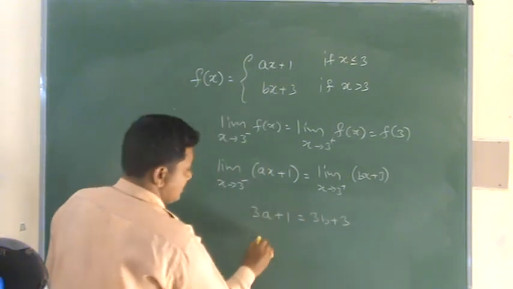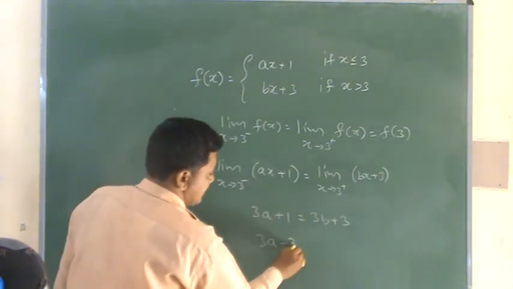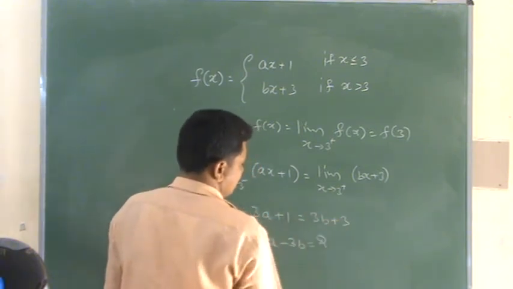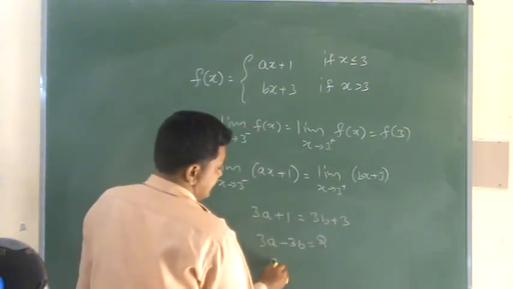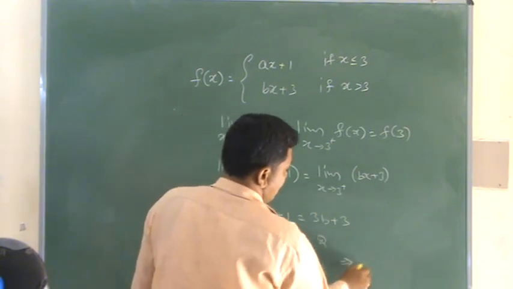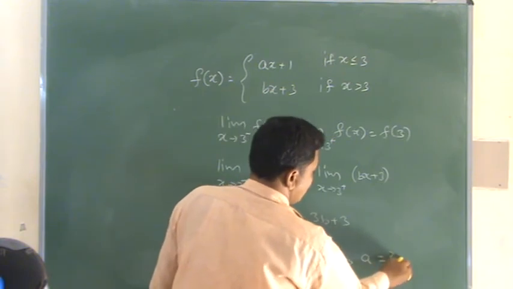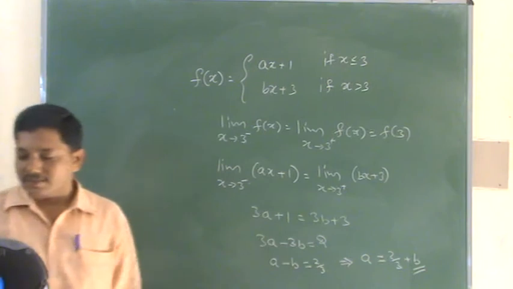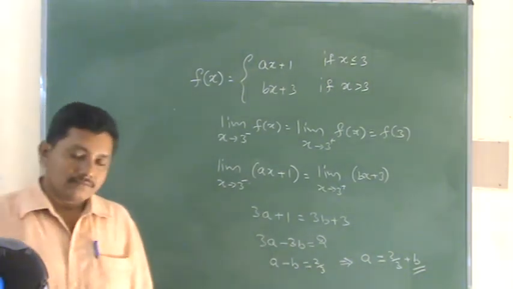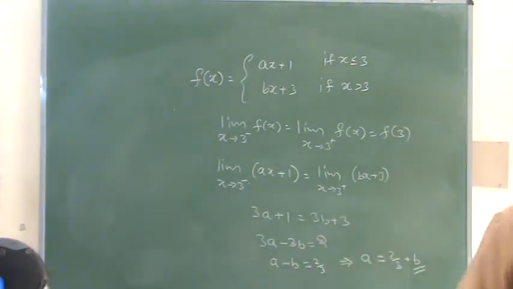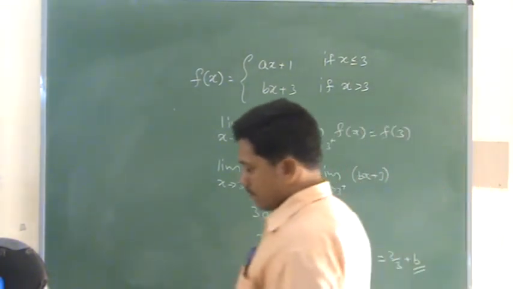So 3a minus 3b, taking b to this side, is 2. So a minus b is equal to 2 by 3, or a is equal to 2 by 3 plus b. Whichever you take, that is the relation between a and b. This is also an easy and important question, already given in 2018 as a 4 marks question.